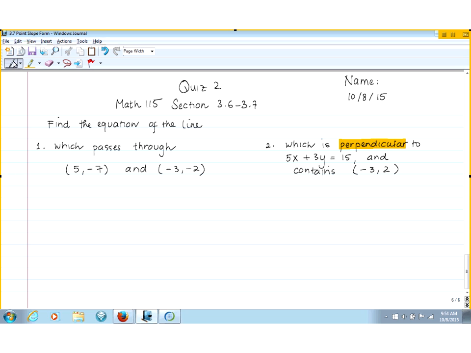For number 1, you guys need the equations too, right?